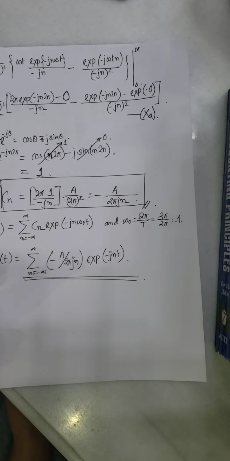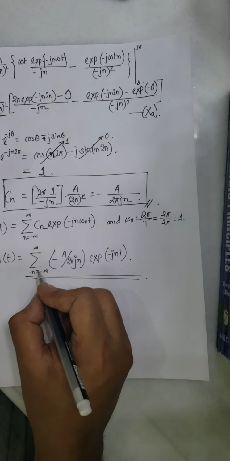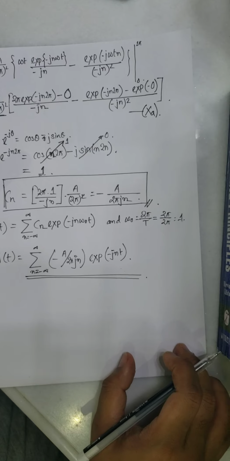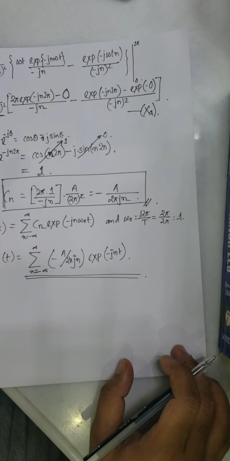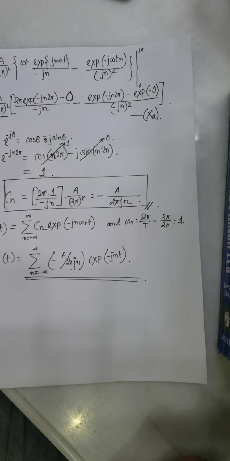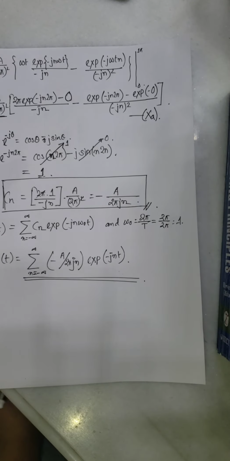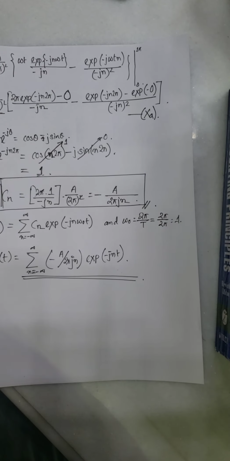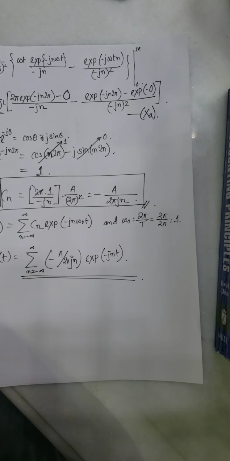Now to form the series, we can put on various values of n and define the various terms of the Fourier series, and we can also convert it to the trigonometric series as I have shown you. I will not do it in this lecture, and hope the numerical problem is clear to you all.